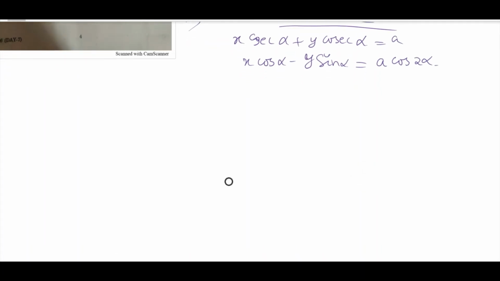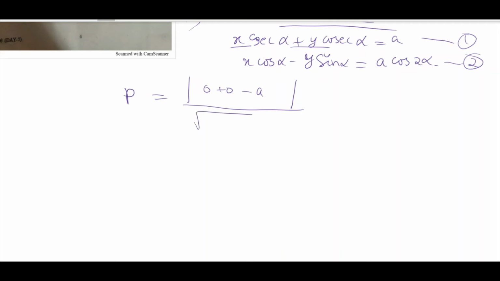p is the length of the perpendicular to the first equation. Equation 1, equation 2, let's say. So p will be equal to the modulus of, since these distances are from the origin, substitute the origin point in this equation. So I'll get 0 plus 0 minus a by square root of secant square alpha plus cosecant square alpha.